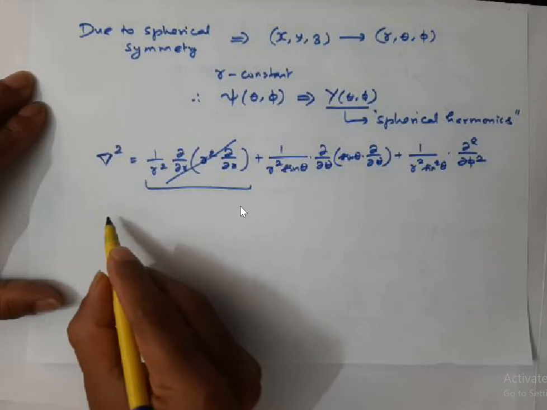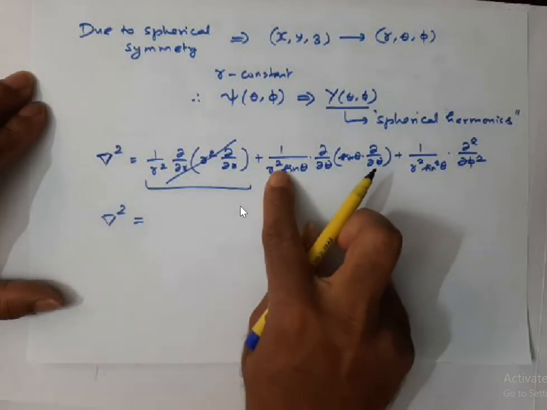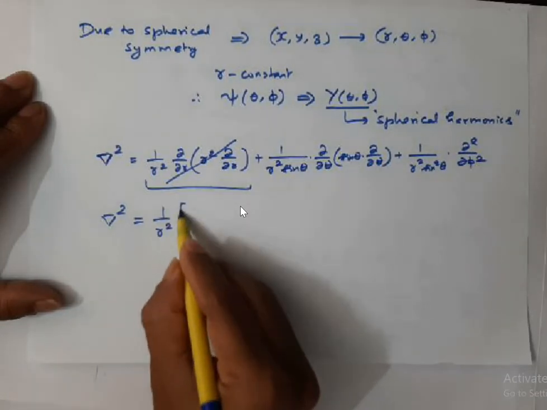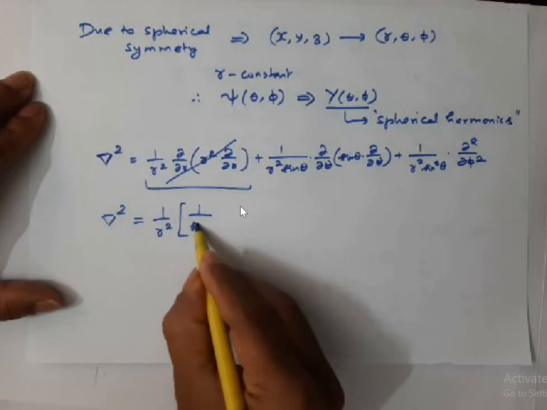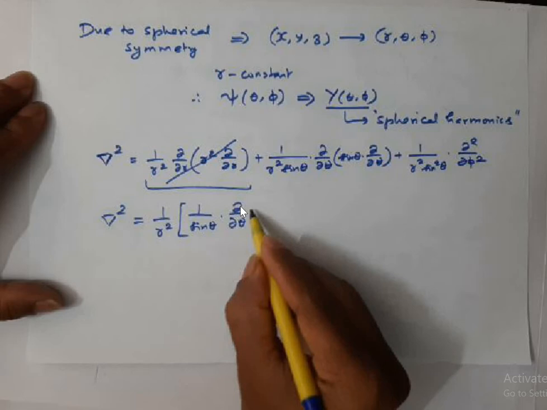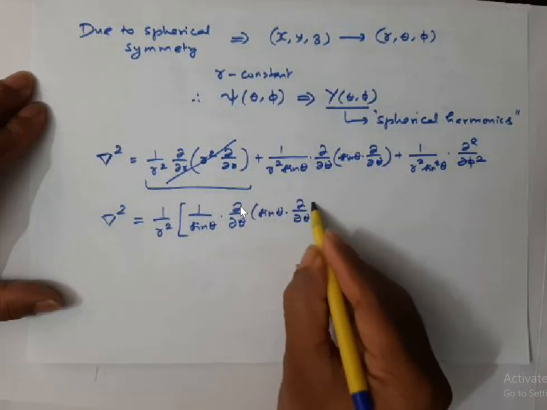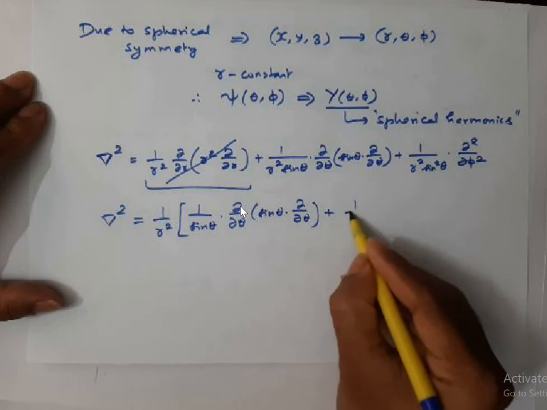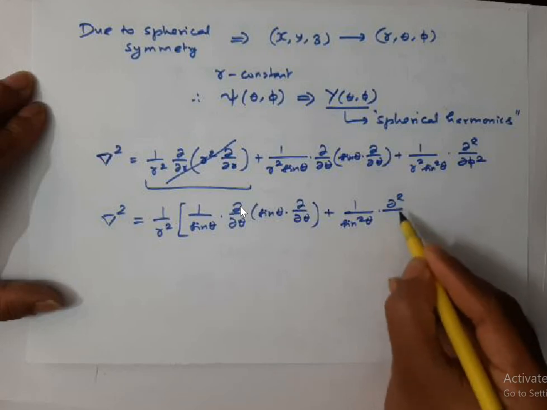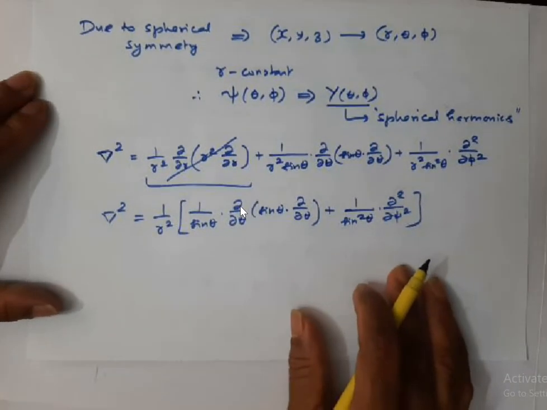So del square now is equal to, since we have 1 by r square in the other terms, I will take 1 by r square as common: 1 by r square into 1 by sin theta into dou by dou theta into sin theta dou by dou theta plus 1 by sin square theta into dou square by dou phi square. So this is the del square operator.